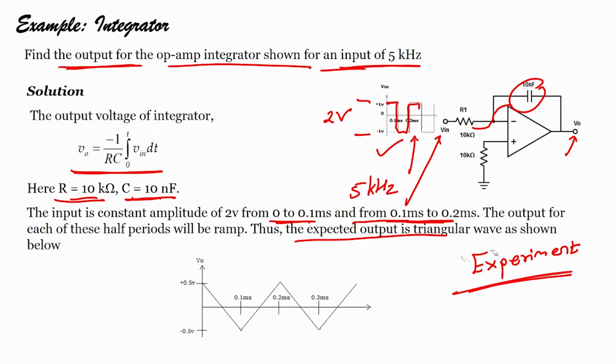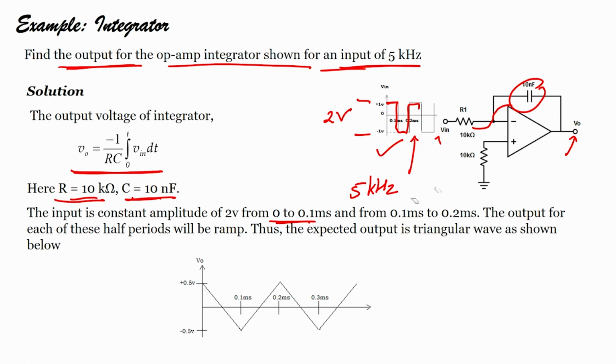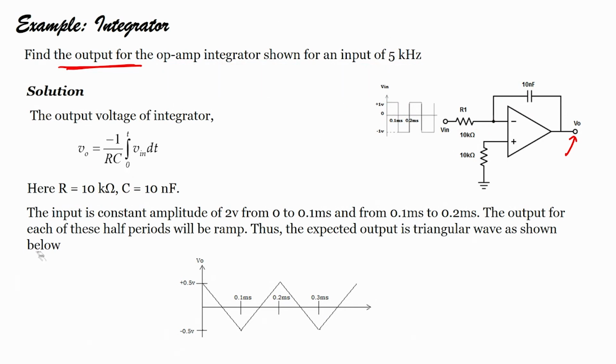Now, in the next module, what I want to show you is the differentiator. Integrator, what we have seen: if I take an example of the inverting amplifier and of the integrator, the main thing in the integrator was that the feedback is given through the capacitor.